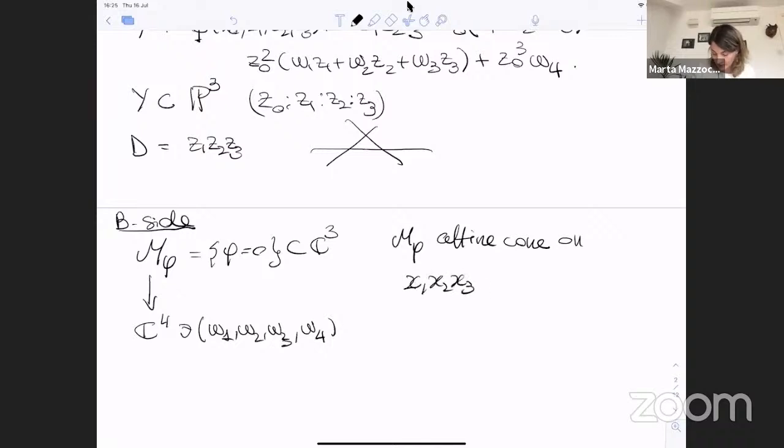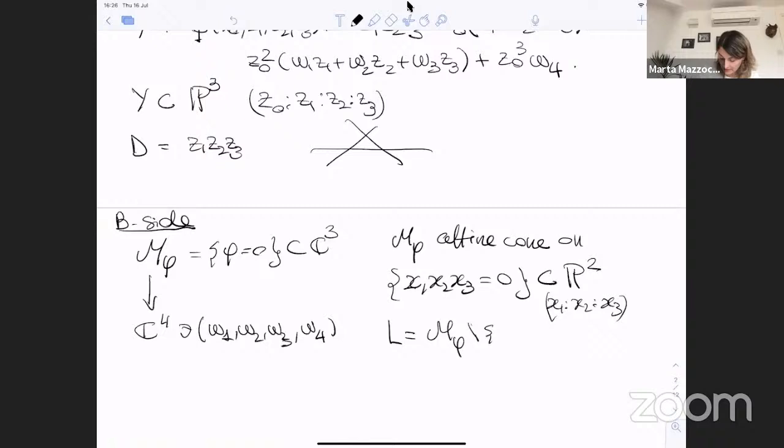So now I'm looking at this divisor as a subset in P2 with homogeneous coordinates, in this case, x1, x2, x3. So this is an affine cone, and it has a trivial line bundle, which is simply the same itself minus the point 0. And the ring of sections is the sum of, let me call this surface in our paper, we call PM5.